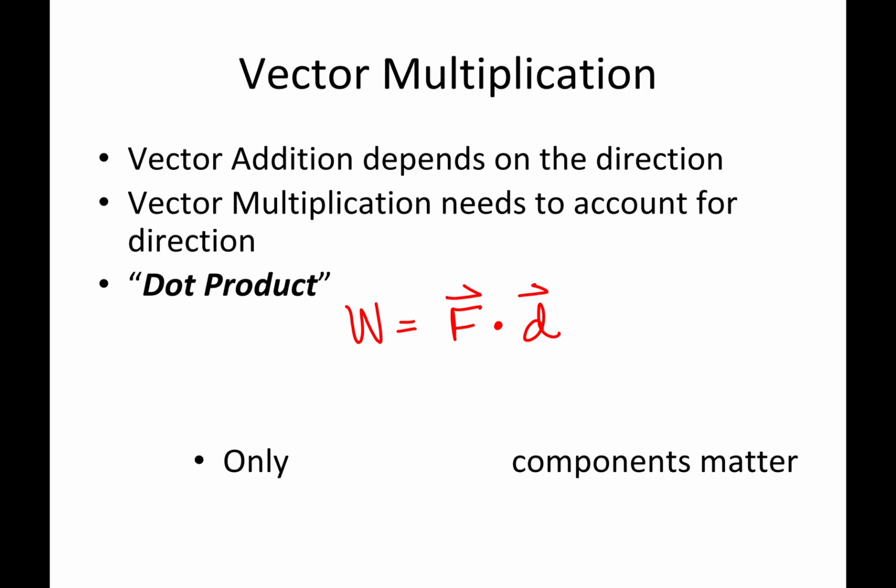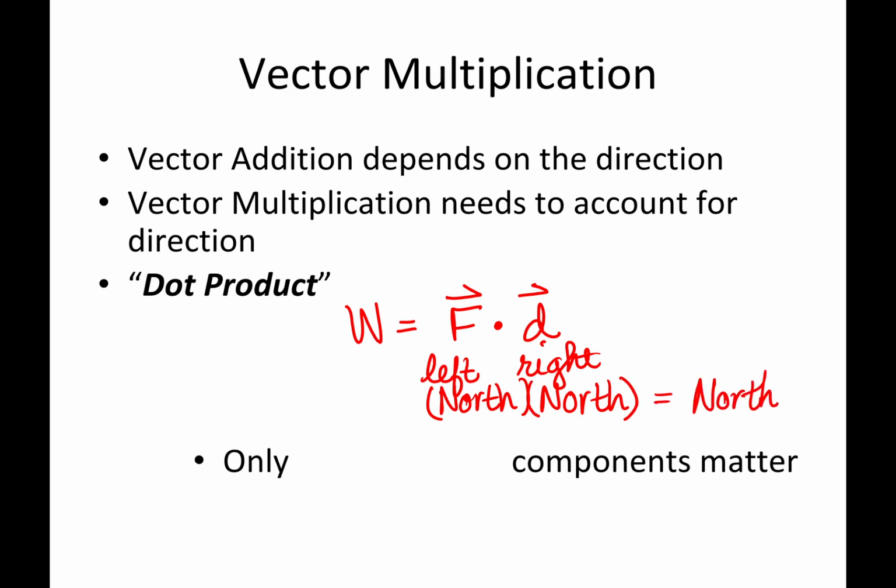Not getting into the whole math of it all, but suffice it to say that you can't really multiply left times right, or like north times north. Like, what kind of direction is that? Like, north squared? Not a thing. Okay.